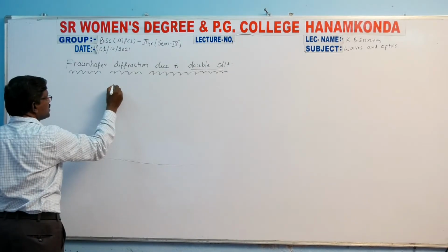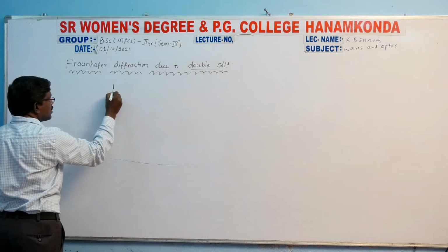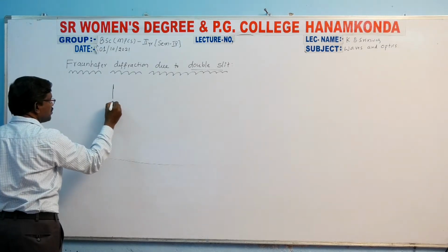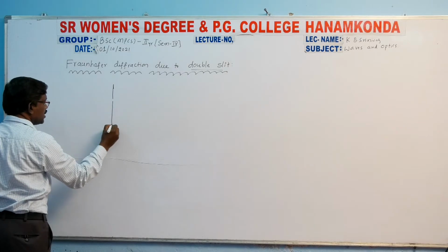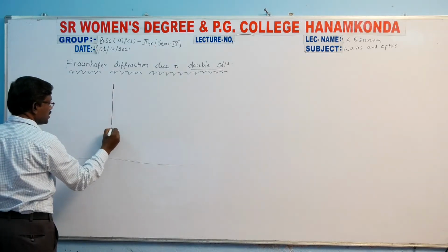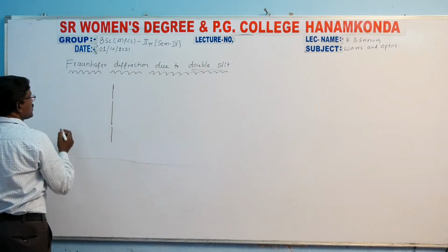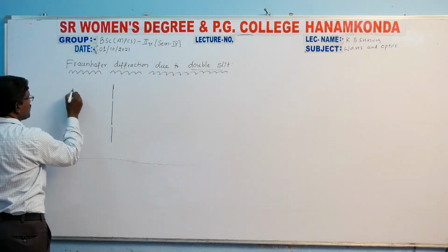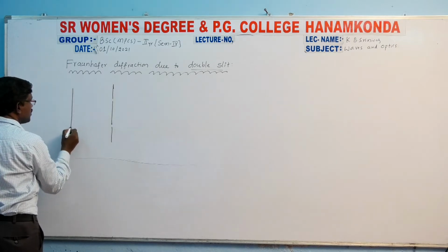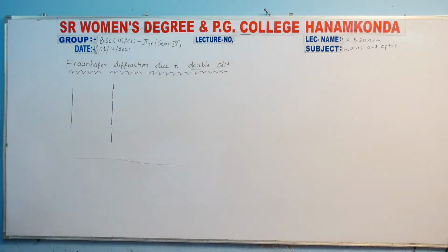So this arrangement represents a double slit whose width is small e. The width of the two slits here I am representing by small e. Let us imagine one plane wavefront is incident on these two slits.